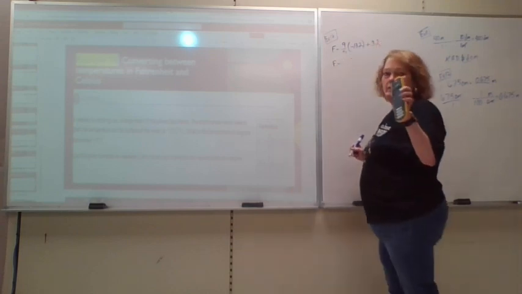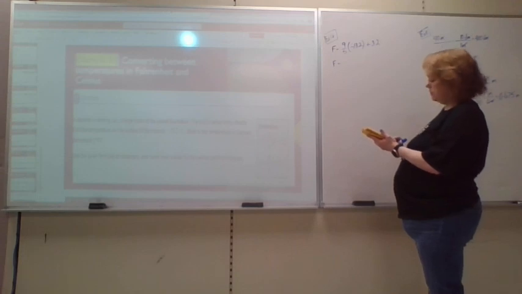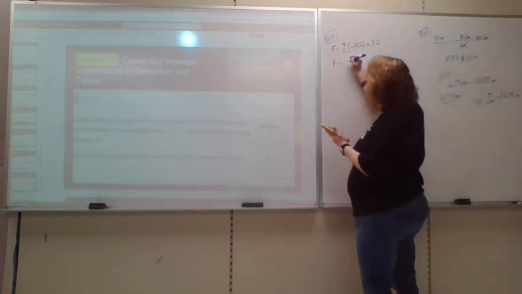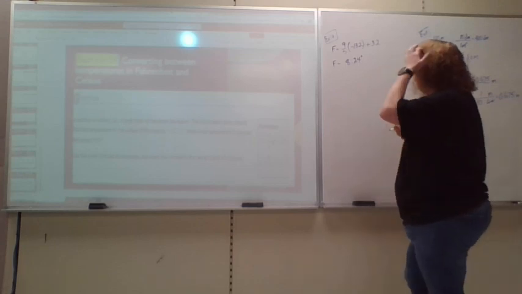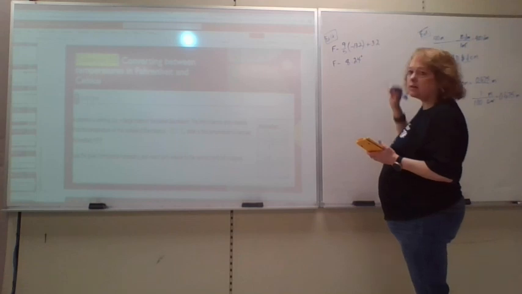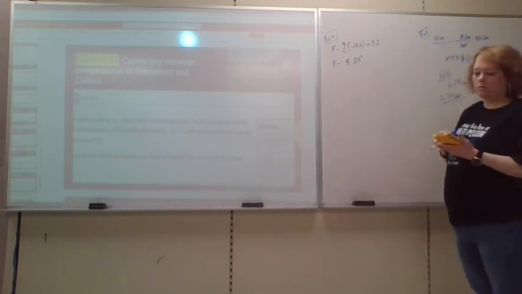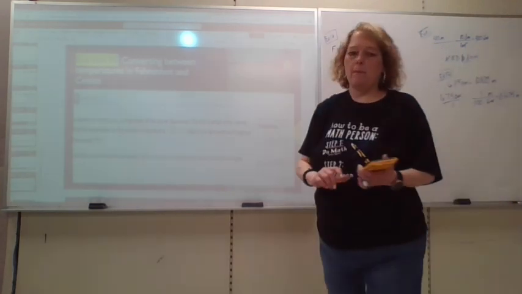You can do that all on your calculator: 9 divided by 5, parentheses, negative 13.2, plus 32. Like I've said before, your calculator knows the order of operations. If you had to do it by hand, you would do this first, then add the 32. Questions on that? It's just the opposite if you're looking for Celsius.